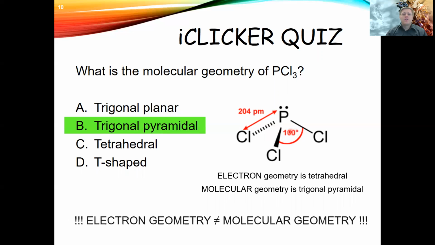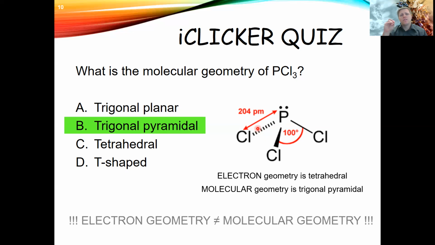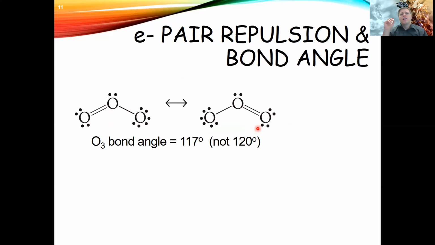All right, now let's also get into bond angles. So I gave you a lot of bond angles, but the bond angles for the different structures are actually for the ideal structure, which we almost never have. So for example, here with ozone, this is the molecule we talked about back when we were talking about resonance.